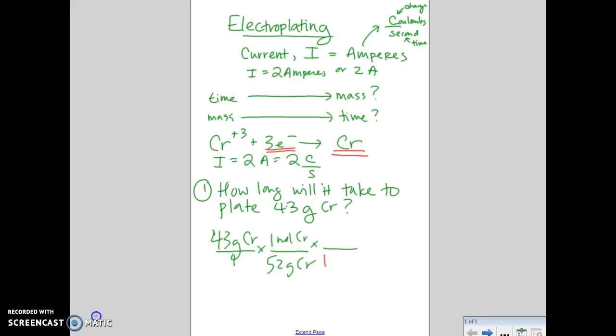So 1 mole of Cr requires you to use 3 moles of electrons. We know that 1 mole of electrons has a charge of 96,485, but I'm just going to round it, coulombs, which is also the same as a Faraday.